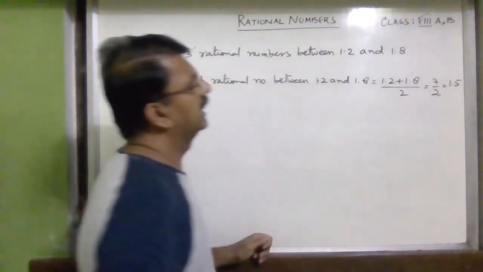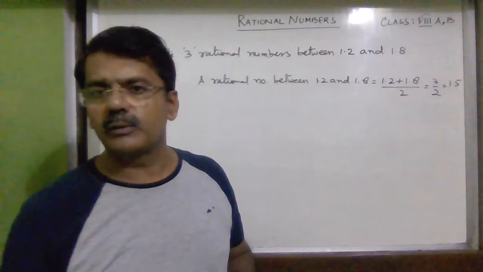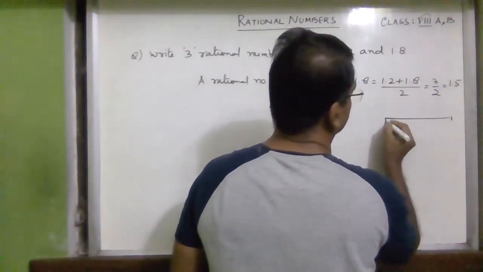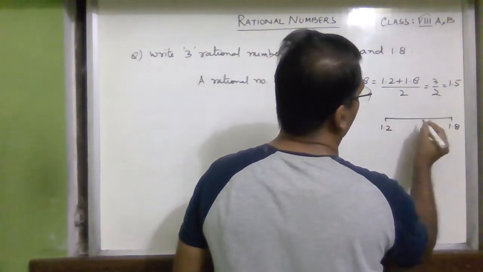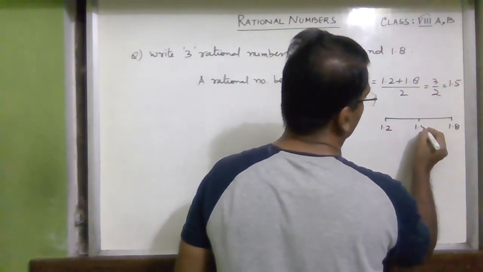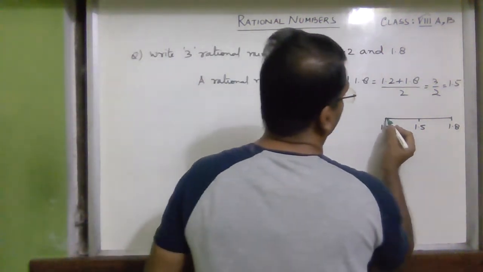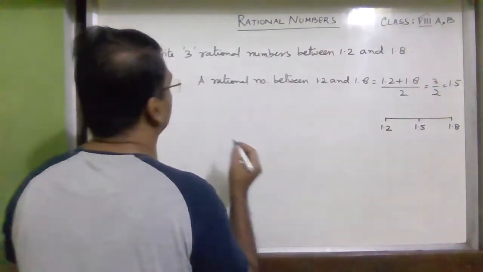So you can see the first rational number between 1.2 and 1.8 is 1.5. This is 1.2. This is 1.8. So we have found this as 1.5.